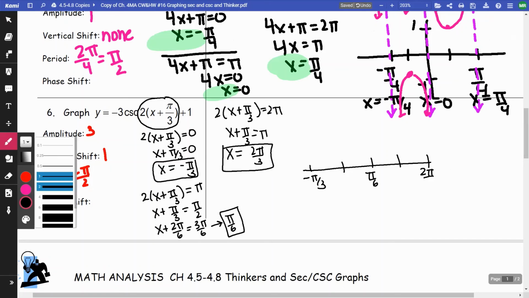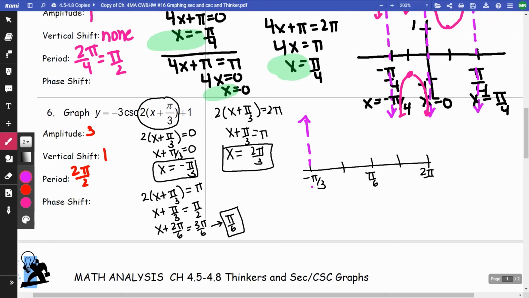So I'm going to be drawing it in here, here, here. And let me just finish writing. This was 2 pi thirds. Didn't finish writing that. This is pi sixths, so you can see it. And that's a negative pi thirds.